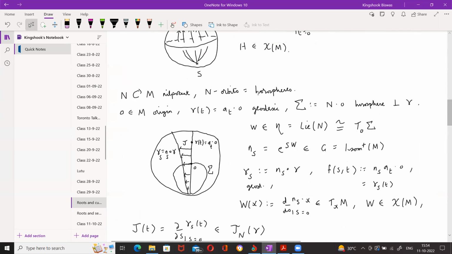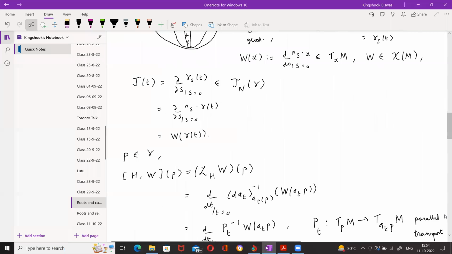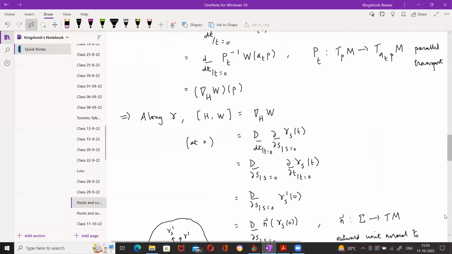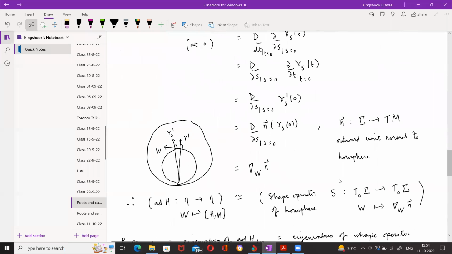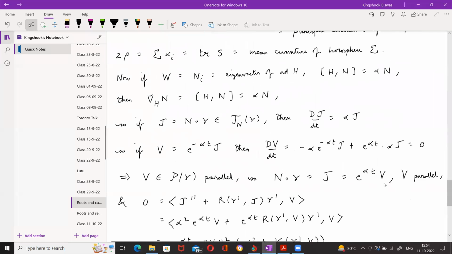It's a parallel field times e^(alpha t). Is the picture clear? So now we know that J is e^(alpha t) V, where V is parallel.